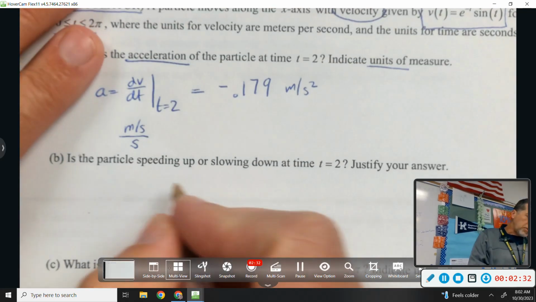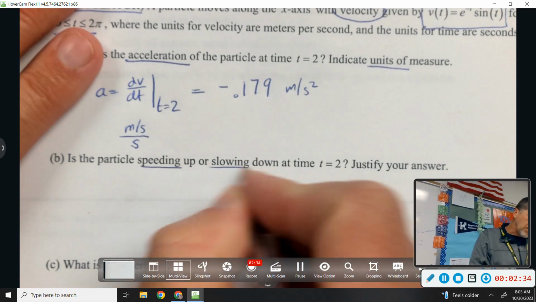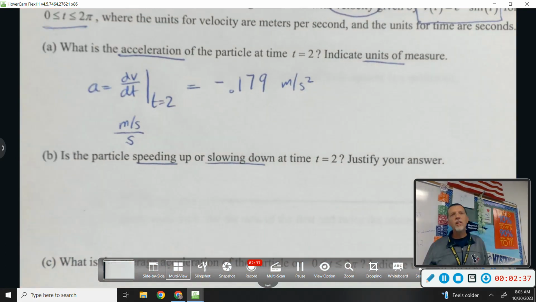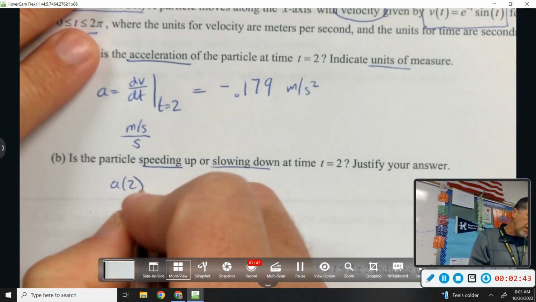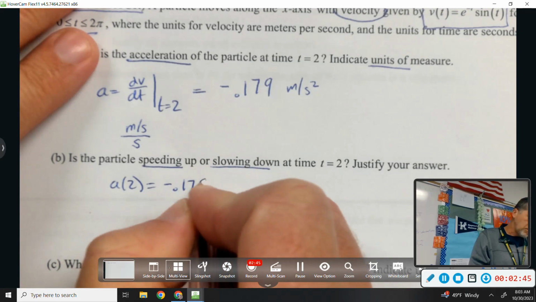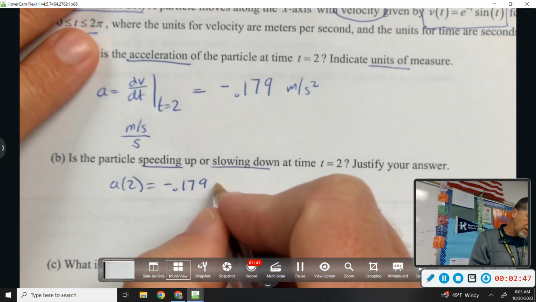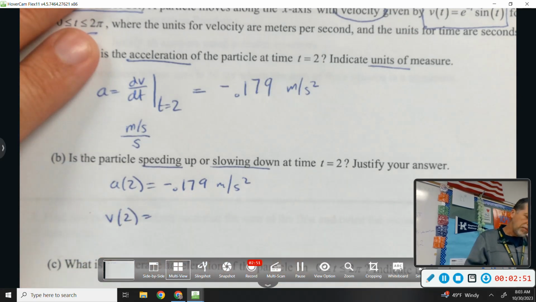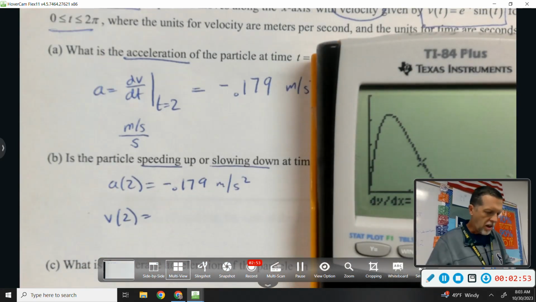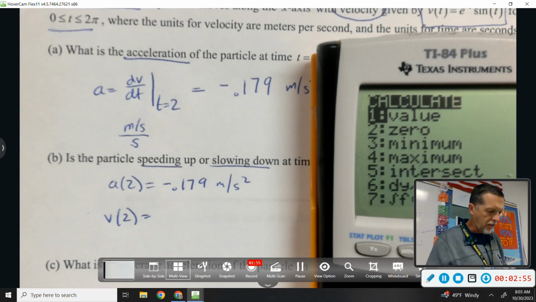Is the particle speeding up or slowing down? That means velocity and acceleration, are they fighting each other so it's slowing down, or are they pointing the same direction so we're speeding up? Well, A of 2 we just found, negative 0.179. So I need V of 2, which again I can find on the graph.